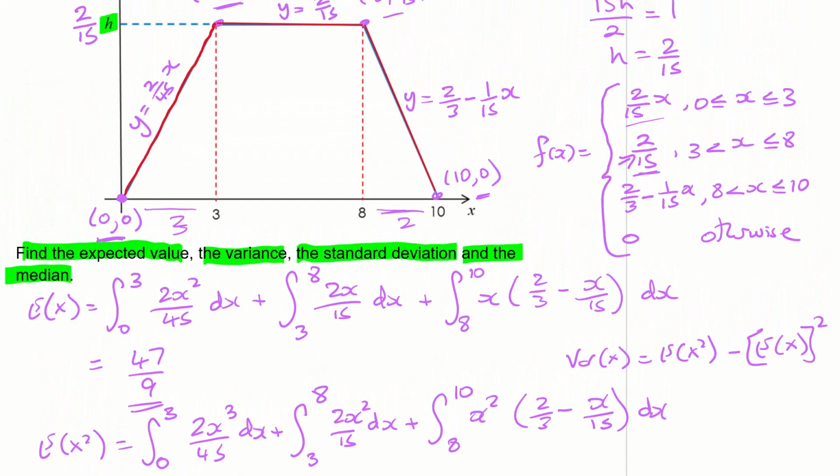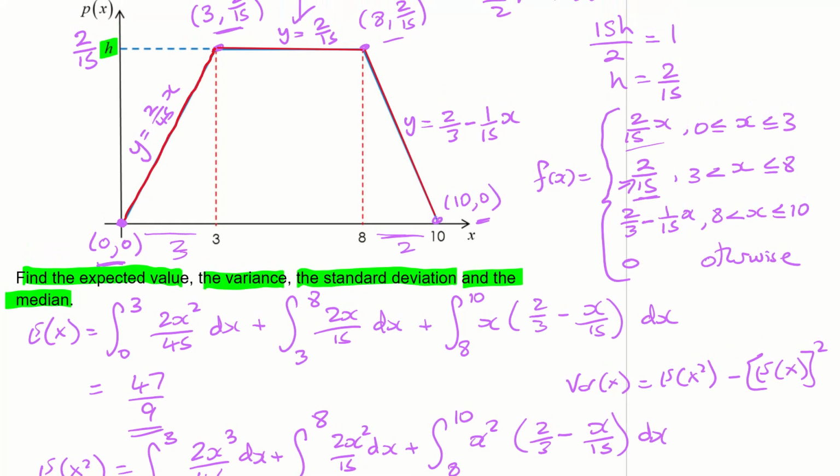Now, finally, for the median. So now that we know the height of this is 2/15, we can work out the area of this first triangle. So that is going to be a half times 3, which is the base, times 2/15, which gives us 1/5, or 0.2.